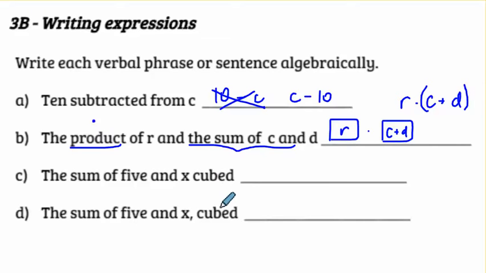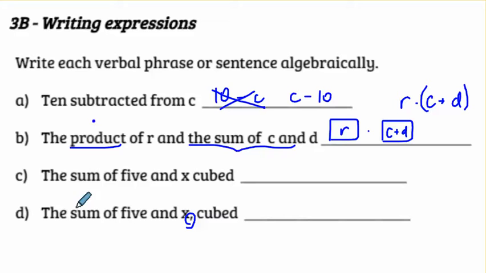Looking at C and D, there is a very teeny tiny grammatical difference that makes a huge mathematical difference, and that is this comma. So if you read it the way that you should read it, when you get to a comma, you should pause. All right? So in C, this is the sum of 5 and x cubed.